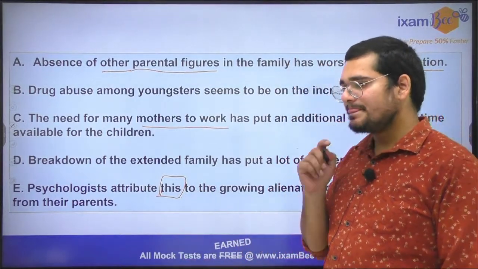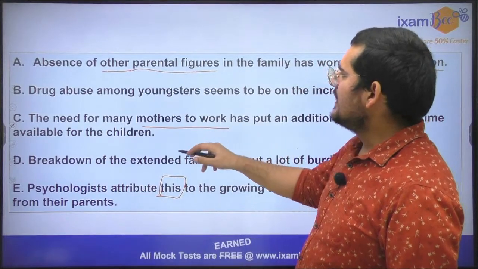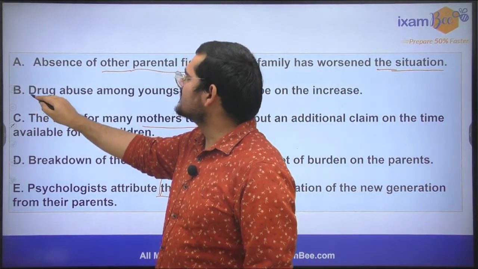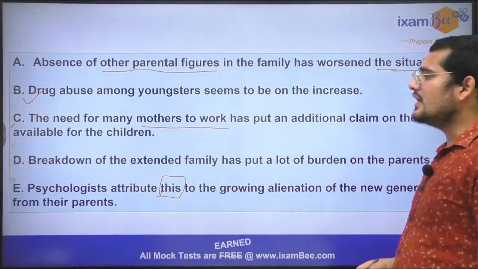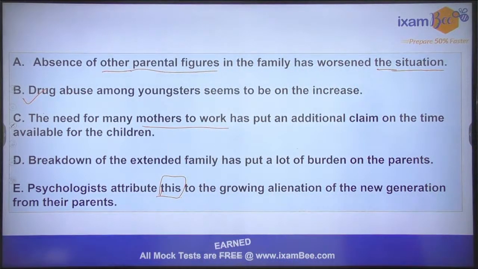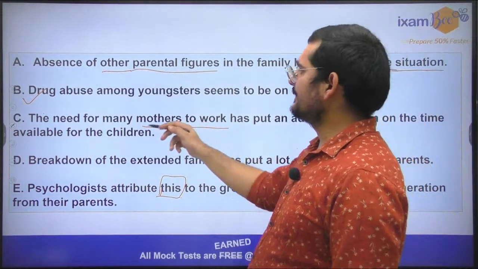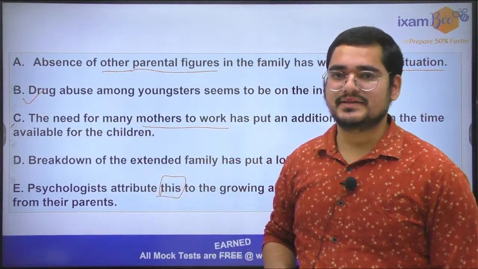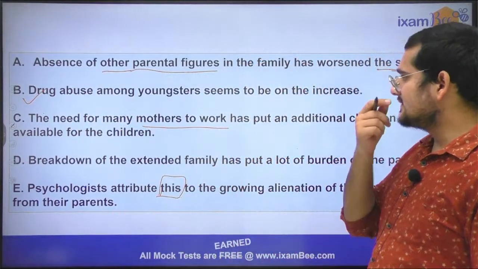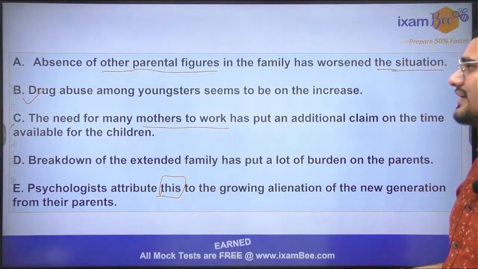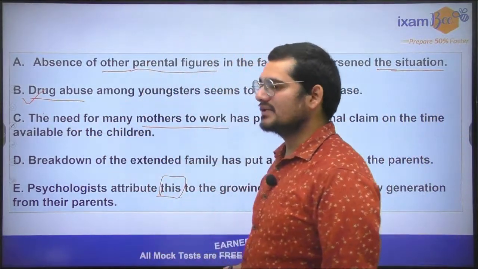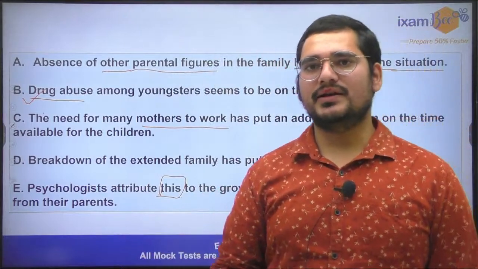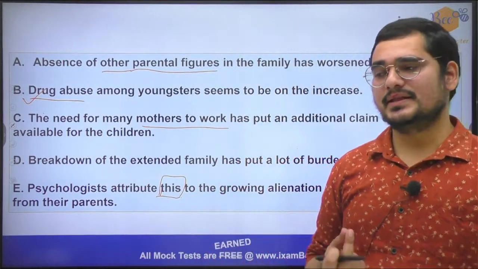So what I do, मैं पहला ये वाला लेके चलता हूं, ठीक है, I consider this first. So drug abuse among youngsters seems to be on the increase. So yeah, when I take this sentence as my first sentence, ठीक है, तो मुझे टॉपिक के बारे में या थीम के बारे में पता चलता है which is the drug abuse। तो मुझे पता चलता है कि इस पैराग्राफ का ये जो सेंटेंसेस हैं, this talks about what?